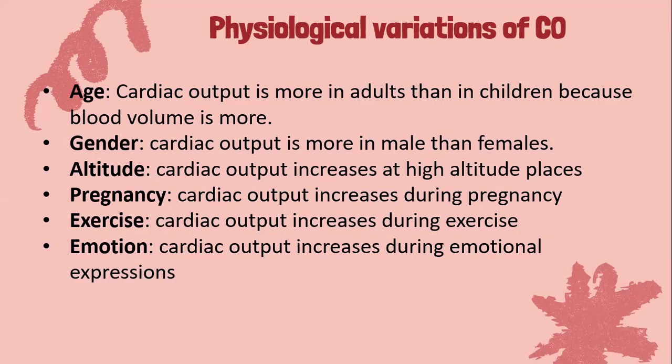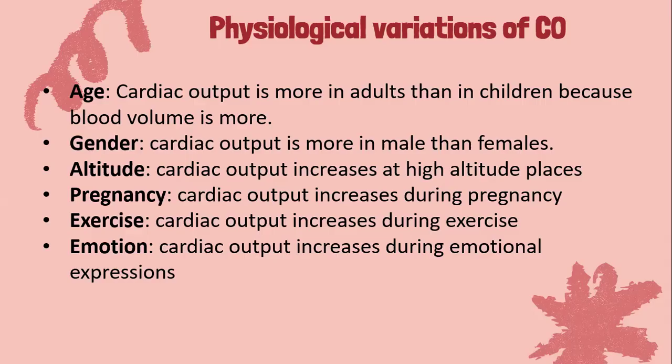In the previous slide, I told you that cardiac output can be varied. So, what are the physiological variations of cardiac output? They are age, gender, altitude, pregnancy, exercise, and emotions. In age, cardiac output is usually more in adults than in children because the blood volume is more in adults.